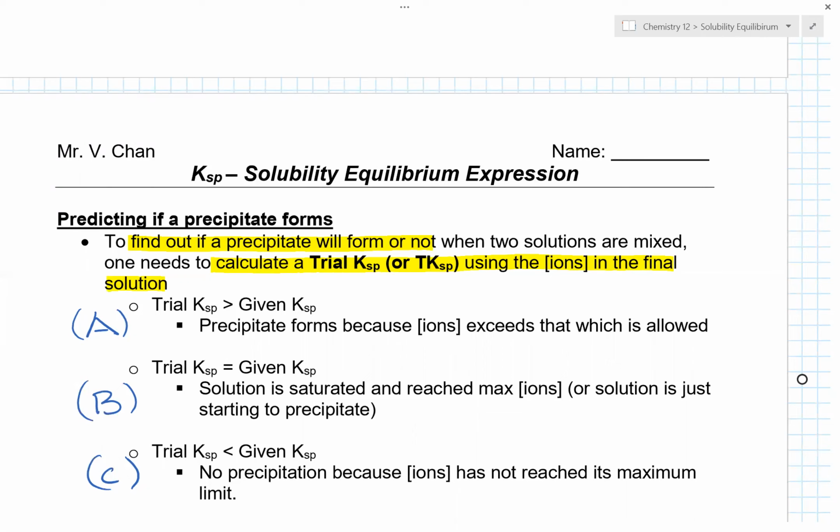If trial KSP is equal to the given KSP, the solution is saturated and has reached maximum concentration of ions. If trial KSP is less than the given KSP, there is no precipitation because the ions have not reached their maximum limit. These are scenarios A, B, and C.